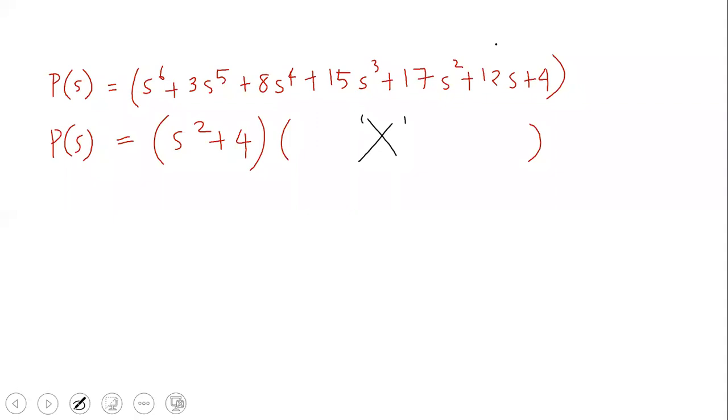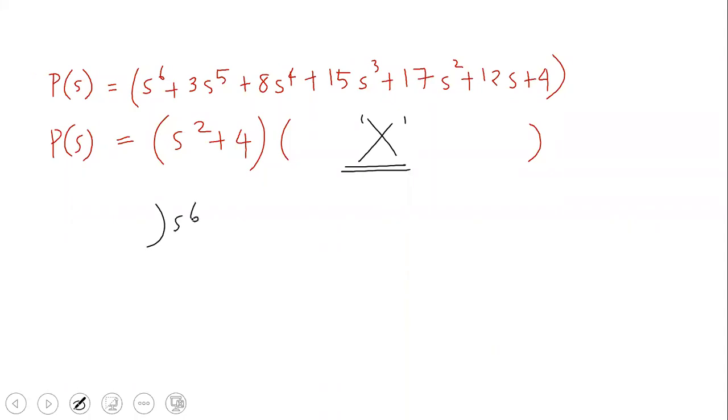I have to do normal division. I will not do the continued fraction expansion division. I will do the normal division. So normal division means, this is as good as saying X is equal to P of S divided by S raised to 4.